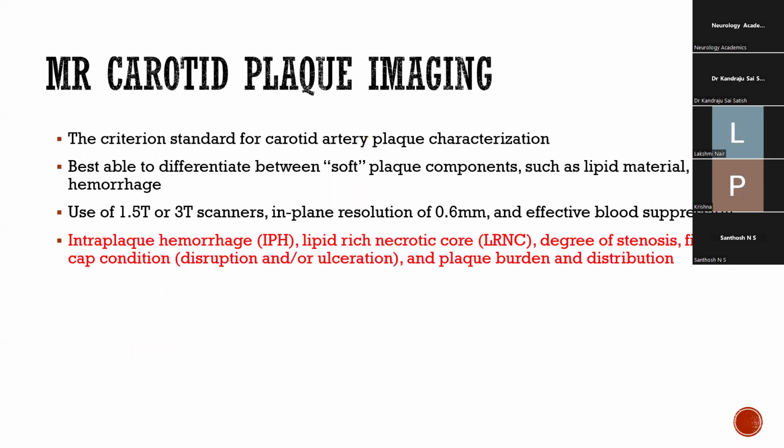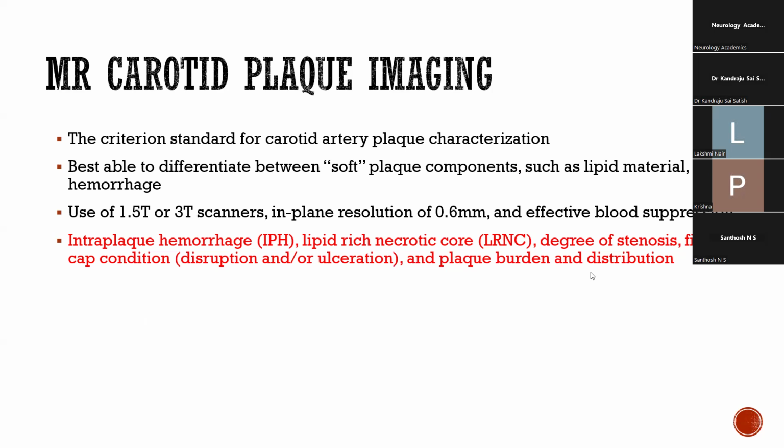So I'll be going on to MR carotid plaque imaging. MRI is the standard for carotid artery plaque characterization. It is best able to differentiate between the soft plaque components such as lipid material and hemorrhage. 1.5 Tesla or 3 Tesla scanners with a resolution of 0.6 millimeter and effective blood suppression are taken as ideal.